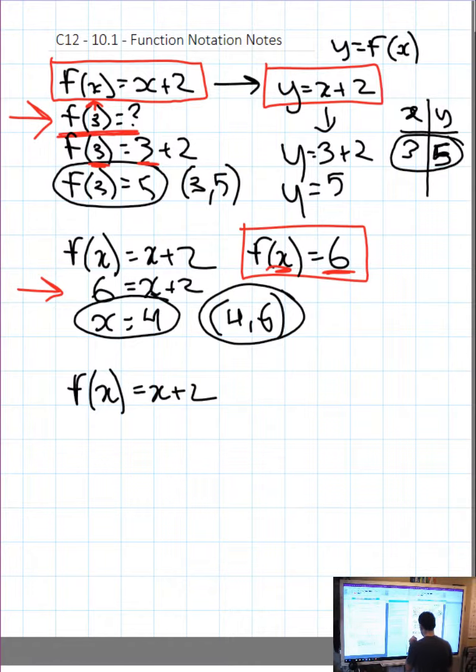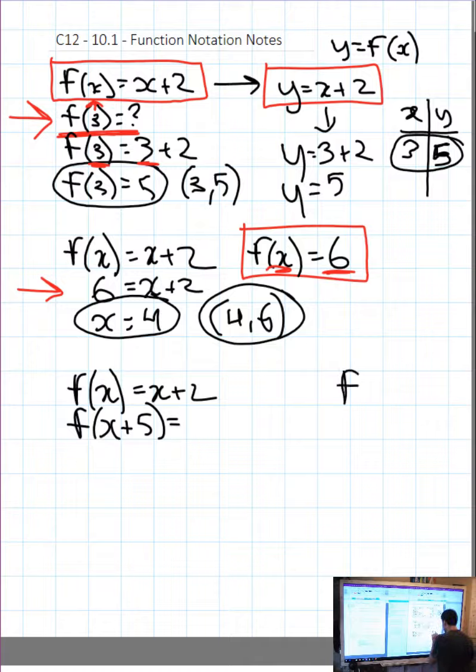Now let's ask f of x plus 5 equals. Well, when we did f of 3, that means put 3 in for x. If we did f of 5, that would mean put 5 in for x.